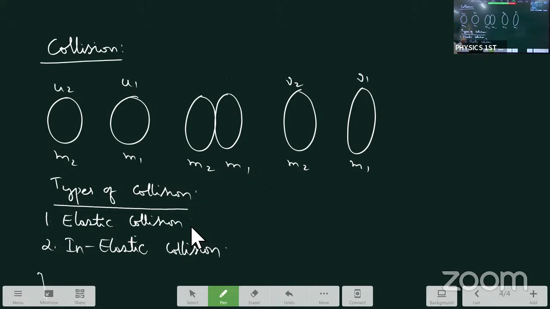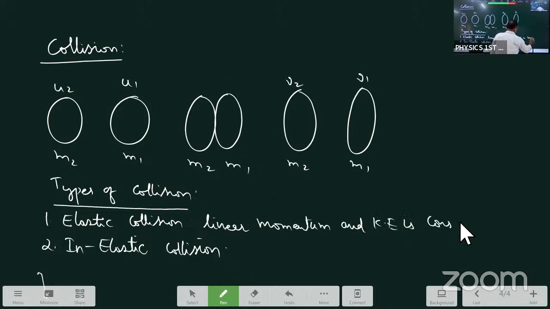I repeat, of these two types of collision, elastic collision means linear momentum and kinetic energy are both conserved, both constant. But in case of inelastic collision, only linear momentum is constant.